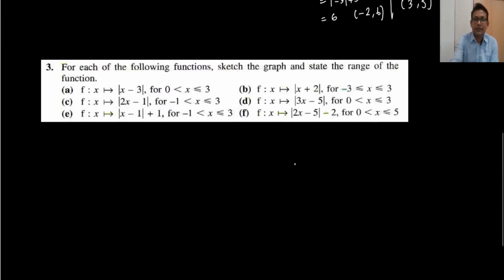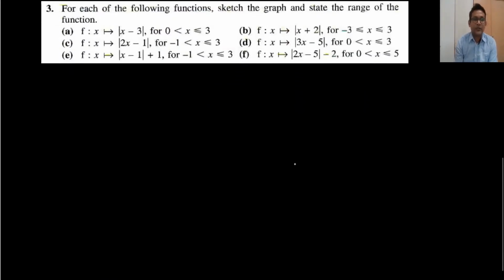Let's see. In question number 3 of exercise 9.4, all the equations are functions, but one thing, we are doing only linear. All are linear equations, so it's okay, we can do it. So step number 1, to draw the sketch of the first part, f of x equals modulus of x minus 3. The step number 1 is to find the vertex.